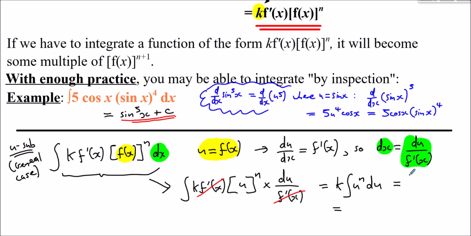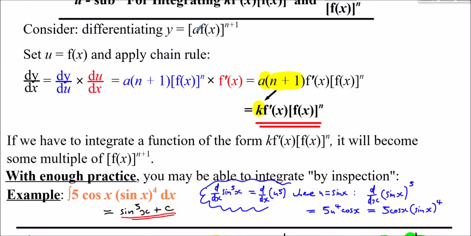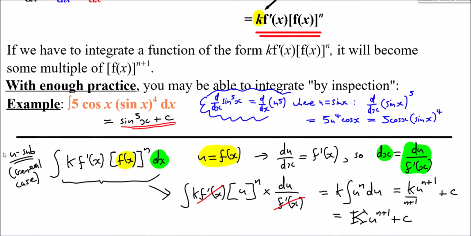So that's going to give us k u to the power n plus 1, all divided by n plus 1, plus c. And k over n plus 1, again, is just some constant. So I'll just call that capital K, some constant u to the n plus 1 plus c, which is essentially, if you look here, what we said it would be. Some constant multiplied by f of x to the power n plus 1.